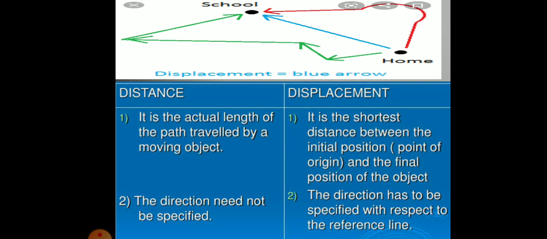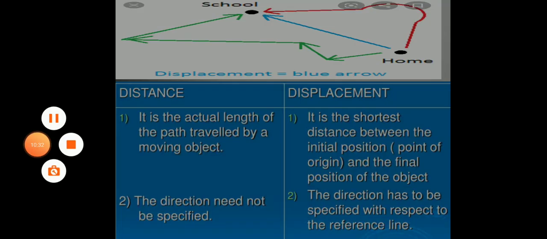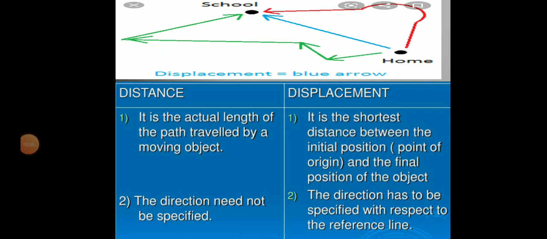For that, consider one example. Consider school and home as 2 points A and B. Now, measure the distance between the school and home in different ways, like which is shown by this red line and this green line.